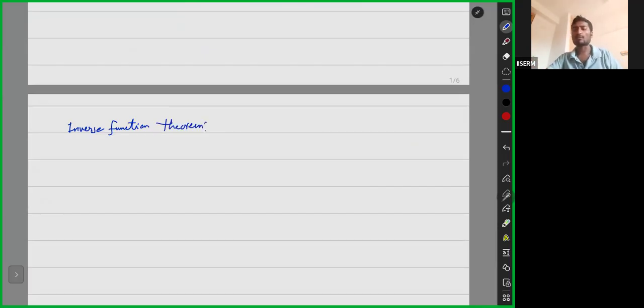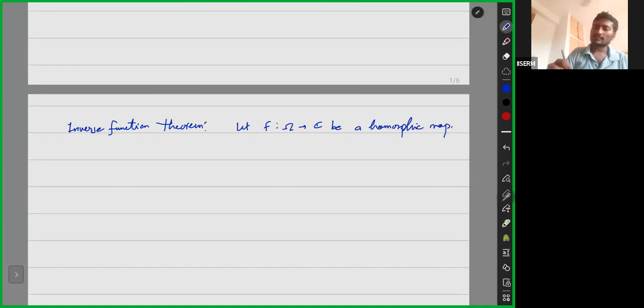Let f from omega to C be a holomorphic function such that f prime at z naught is non-zero, where z naught is some point inside omega.